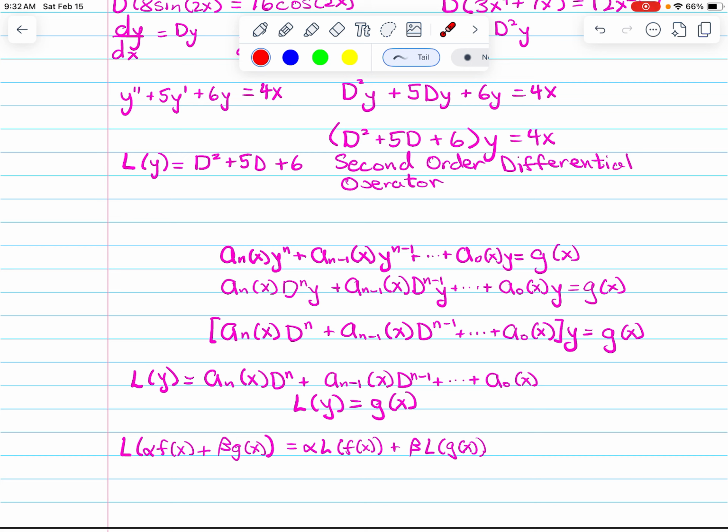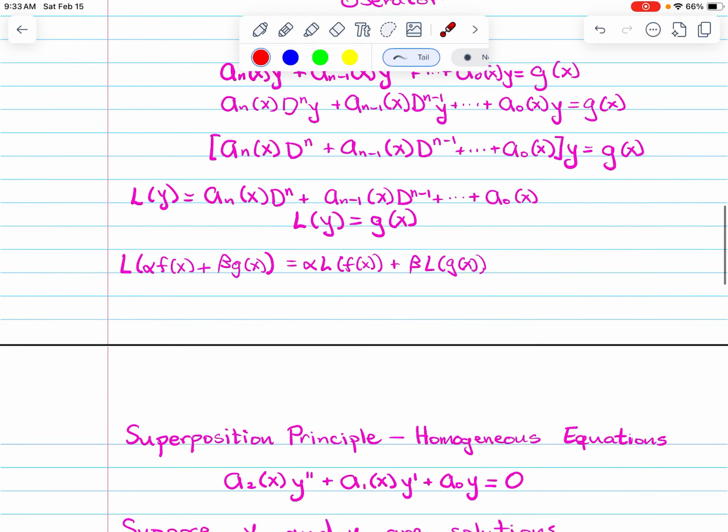So if you give this some thought, what you would see is that if you have L of alpha f of x plus beta g of x, if you have L in front, you can differentiate across the plus signs. In other words, this is the same as this. I'll utilize that in just a second. But that just goes with this notation.